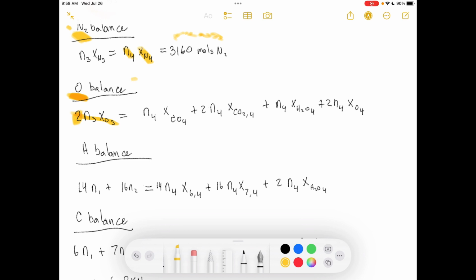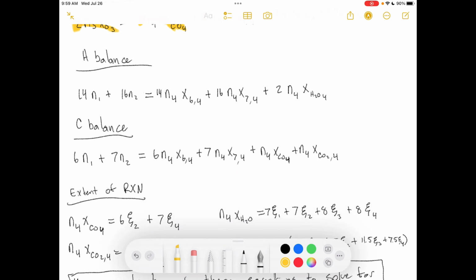Then we have 1 mole for every carbon monoxide, and 2 for every carbon dioxide, and 1 for every water, and 2 for every oxygen that comes out on the other side. Okay?